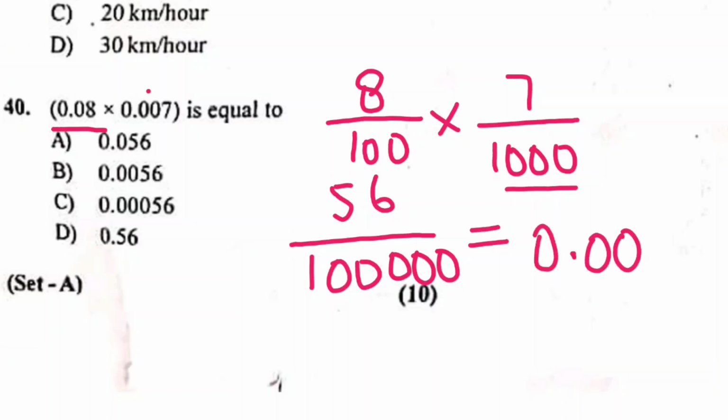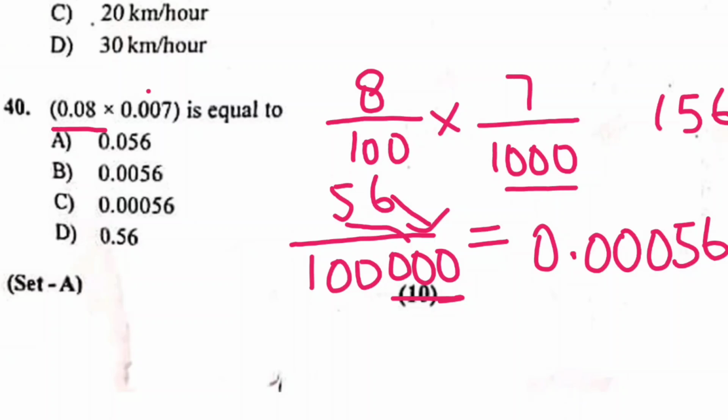0.00, we have 3 zeros, then we have 56. Okay, because this 6 is at the 100,000th position, and this 5 will be at the 10,000th position. So let's write it here. Then we have the 1000th position, which is 0.